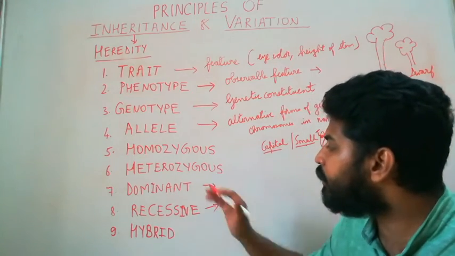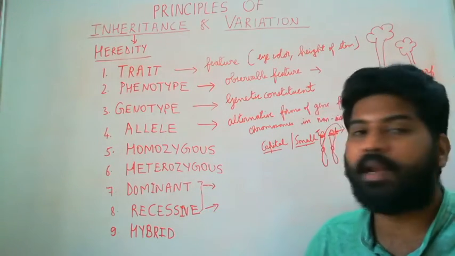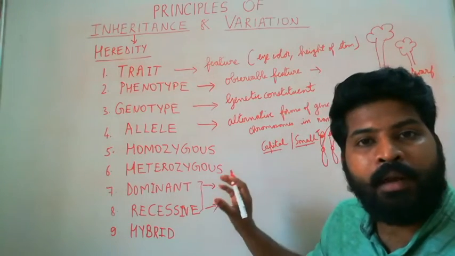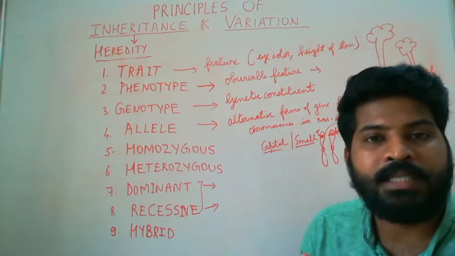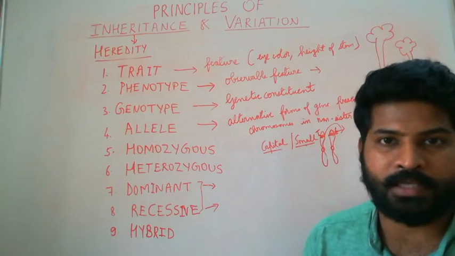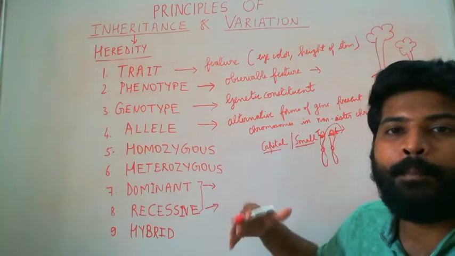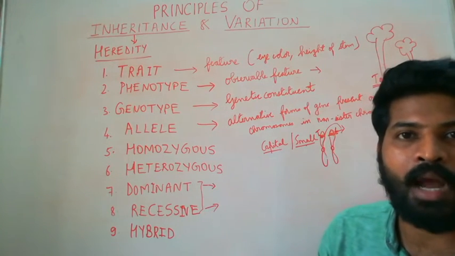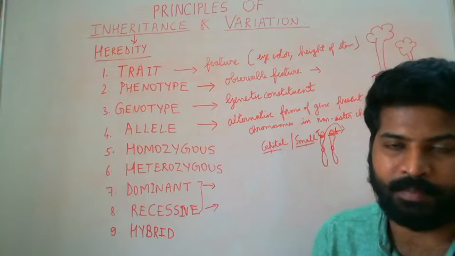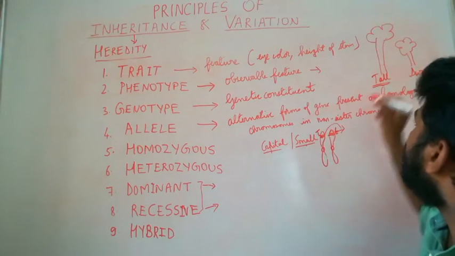What is a dominant trait? What is a recessive trait? A dominant trait is one which is seen in the majority of the population of that species. For example, if you look at our Pisum sativum plant, that is the garden pea plant which Mendel used for experiments, the majority of the plants are tall.